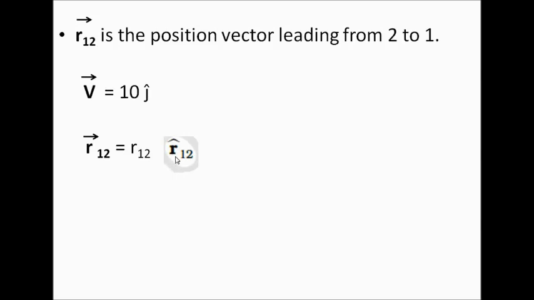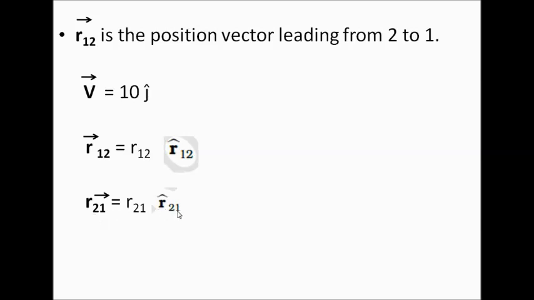So, here r cap 12 represents the unit vector pointing from 2 to 1. Similarly, I can represent R21. Vector R21 is equal to magnitude of R21 into unit vector r cap 21. So, this r cap 21 represents the direction of vector R21.